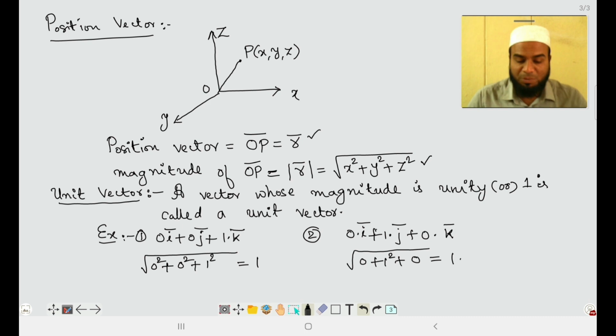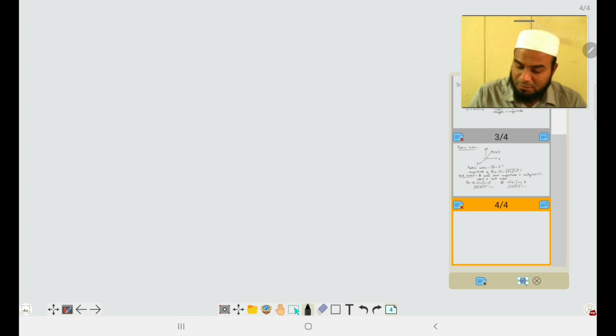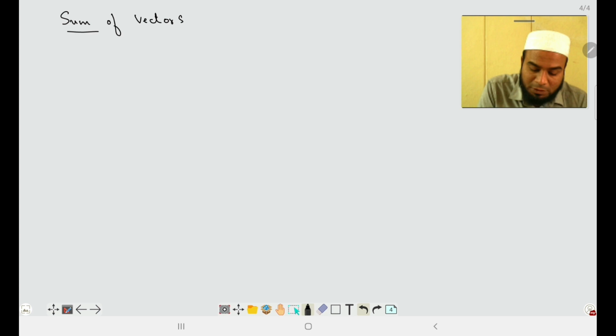We'll see the next topic, that is how to add two vectors, which is the sum or addition of vectors. So the next topic is sum of vectors. These vectors can be added in two different ways.